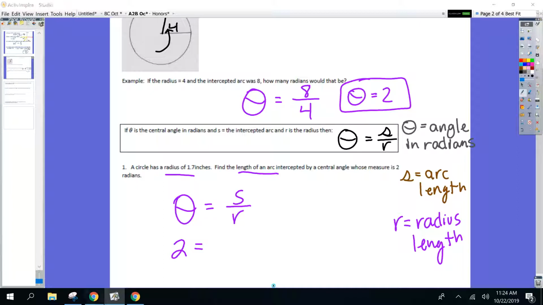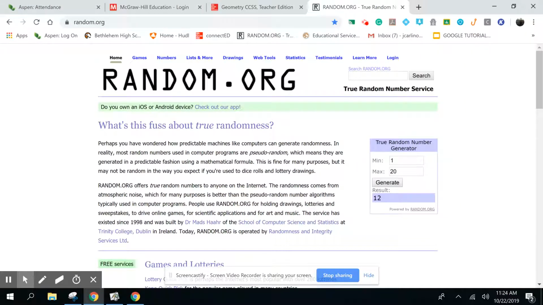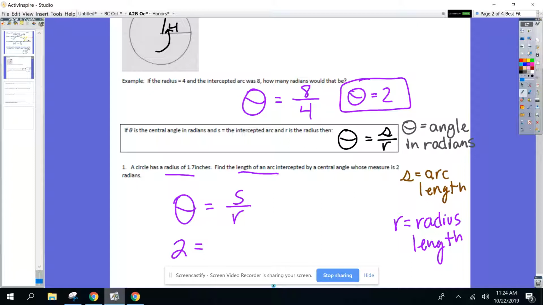Where should I put it in the formula? R. Darn right. What's it asking me to solve for? Find the length of the arc. So I'm solving for S.